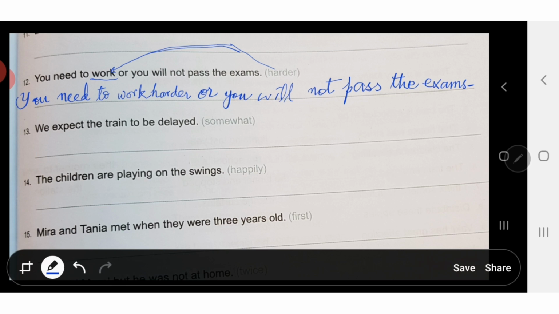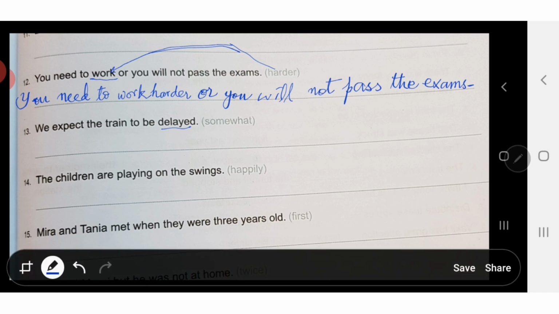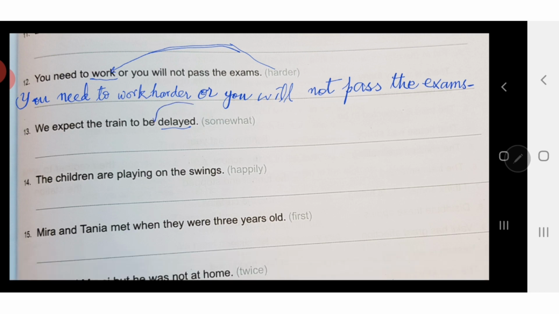We expect the train to be delayed. Bracket says somewhat. Somewhat is the adverb given. So what is the verb given here? Delayed. Let's start writing. Here in this case, delayed will be described by this adverb, so that means it will be placed here.